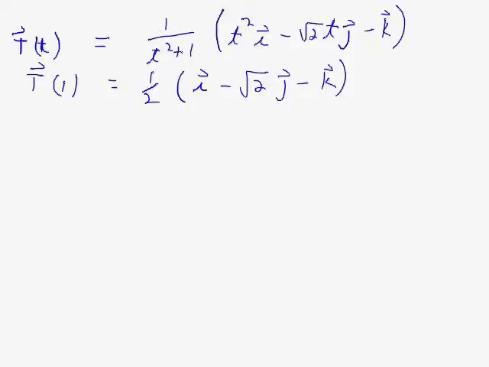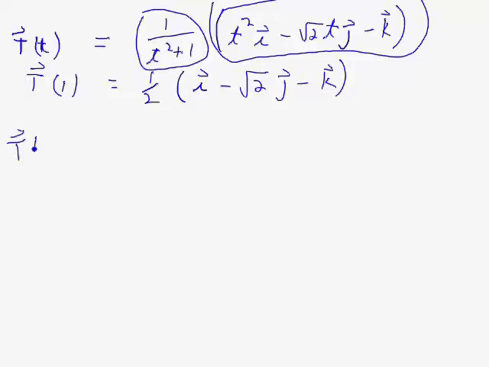Now, T of t is a scalar function times a vector function. So we're going to use the product rule to find T prime. So T prime of t is going to be, I'm going to take the derivative of the first, and that turns out to be negative 2t over t squared plus 1 quantity squared.